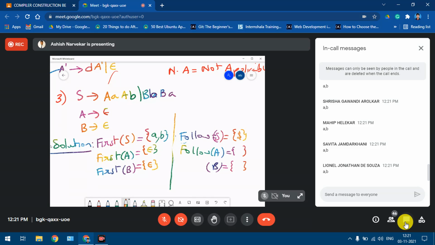So for follow of A, where do you need to look? For follow of A, we should look at this and this. For follow of B, we need to look at this and this.